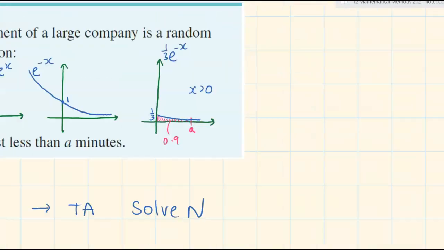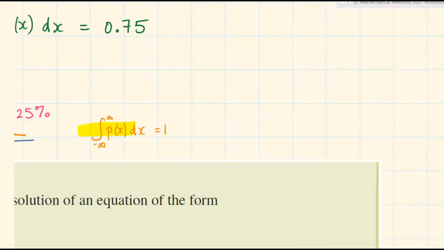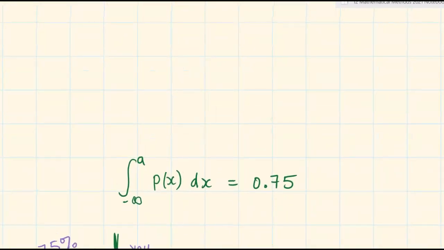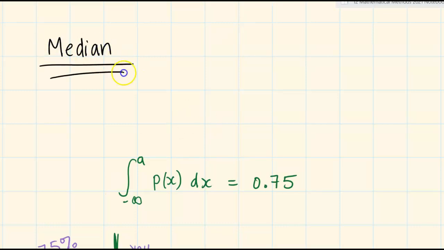Okay, so we were just looking at if I wanted the 75th percentile, I would solve that. If I wanted the median then, and you have just told me that the median is when we get 50% of data on one side of the median and 50% of data on the other side. So the median formula, therefore, is going to be found by integrating from a lower bound of -infinity to an upper bound of, what's a good letter for median?